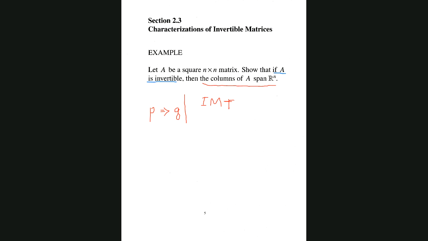In the invertible matrix theorem, and everybody does need the ebook, either a physical copy of the textbook or the ebook for this course, right? But in section 2.3, what I'm doing is showing that statement A implies statement H. That's what I want to do.